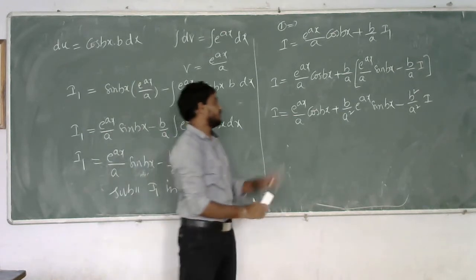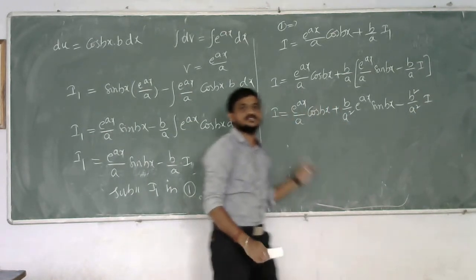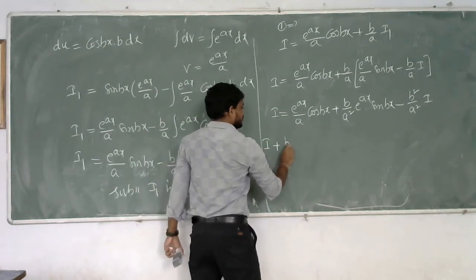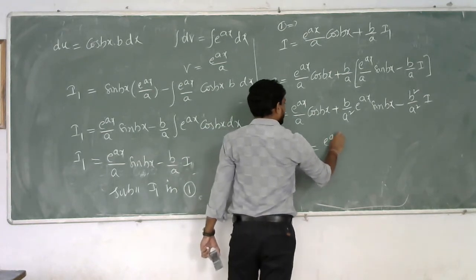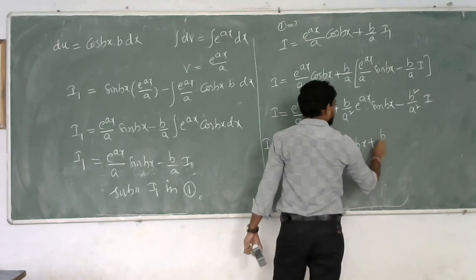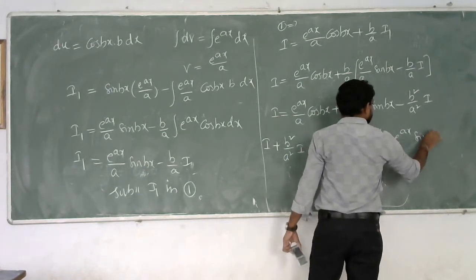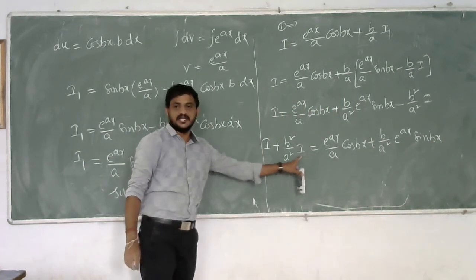Then here we have I, here also we have I. So let us take this total term to LHS. So it becomes I plus b square by a square into I equals e power of ax by a cos bx plus b by a square into e power of ax sin bx. Now from these two take I common.